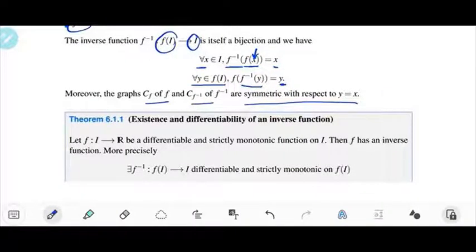So to sum it up and to add the differentiability, we'll say that if we have f going from I into R, a differentiable and strictly monotonic function on I, then f has an inverse function which is also differentiable and strictly monotonic. And if f is increasing, then f minus 1 is increasing as well, and if f is decreasing, then f minus 1 is decreasing as well.